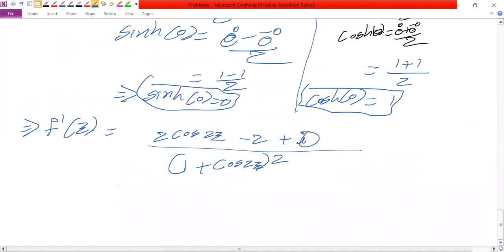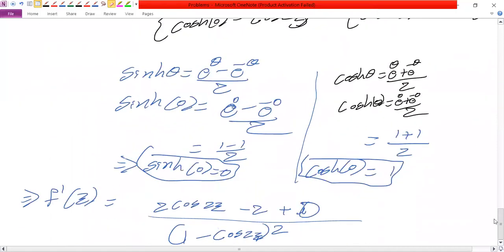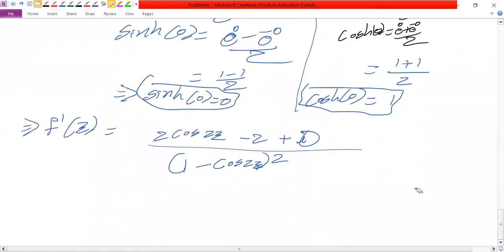Now, can we do any simplification here? Students, can we do any simplification here? Sorry, the denominator is 1 minus cos 2z whole square. Check it out. If I take 2 common in the numerator, then what is going to become?